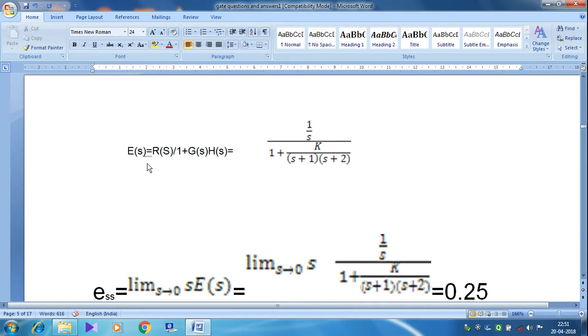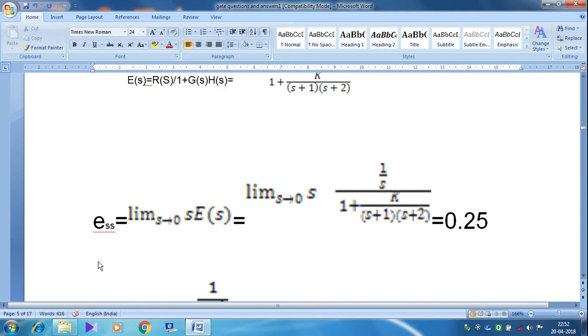So E(s) is equal to R(s) by 1 plus G(s)H(s). This formula is already derived. Which is equal to 1 by s, since the input is a unit step input, whose Laplace transform is 1 by s, divided by 1 plus K by (s plus 1)(s plus 2).